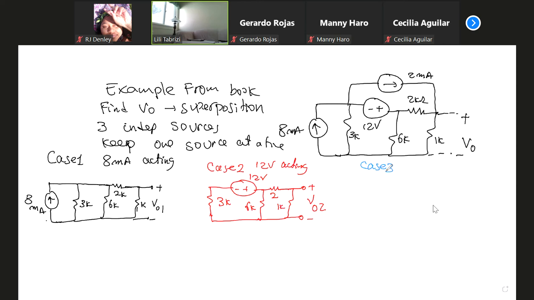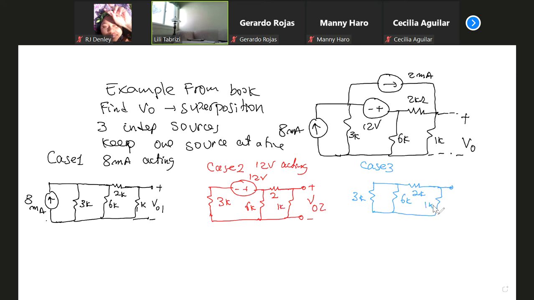For case 3, you keep the 2 milliamp, kill the 8 milliamp, open, and the voltage source short. So you have 3K, voltage source short, 6K, which is the trickiest when you do the circuit analysis, and 1K.